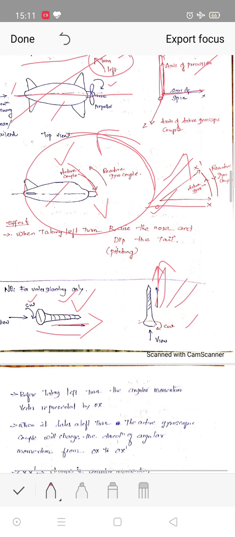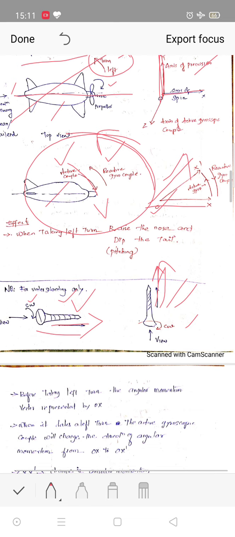The tail will dip. So the effect of the gyroscopic couple when the propeller is rotating in clockwise direction, when viewed from the rear end, and turning left, is that the nose will raise and the tail will dip. How can we understand that the nose is raising and the tail is dipping? Just see the front view and the direction of the reactive gyroscopic couple.